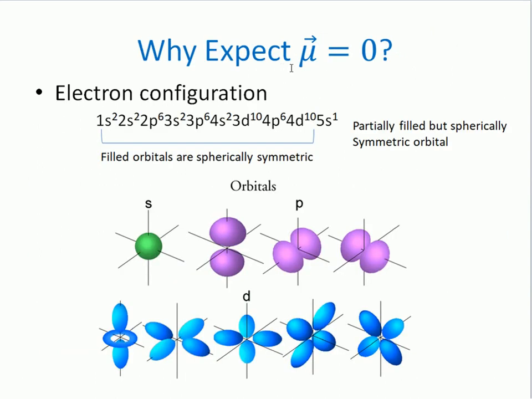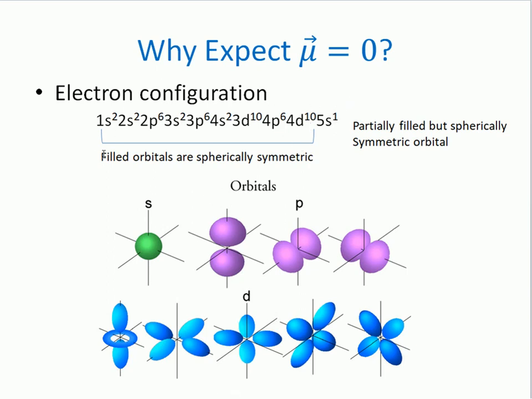Okay, so why would we expect that the magnetic moment of silver, not other atoms, but silver for sure, should be zero? Well, if you look at the electron configuration and you go up through this, then there's all these filled orbitals, and then there's one s orbital.